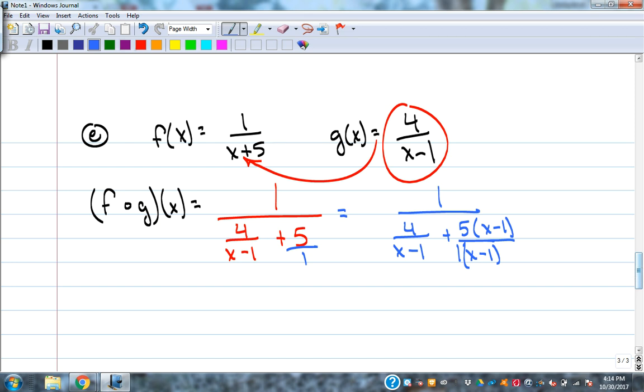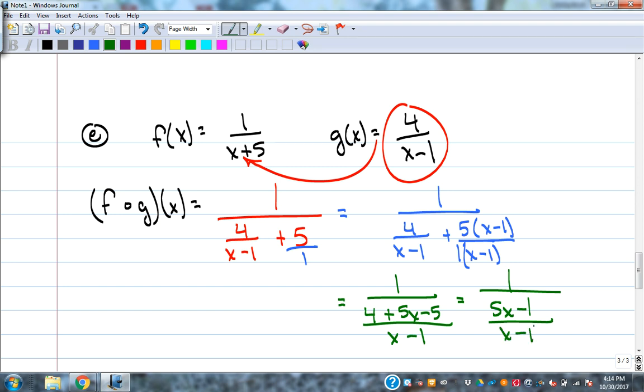And then that allows us to add those two fractions on the bottom, because we got 1 over 4 plus 5x minus 5. All of that is over x minus 1. And that'll simplify a little bit. 4 and negative 5 are like terms, so that's 5x minus 1 over x minus 1.